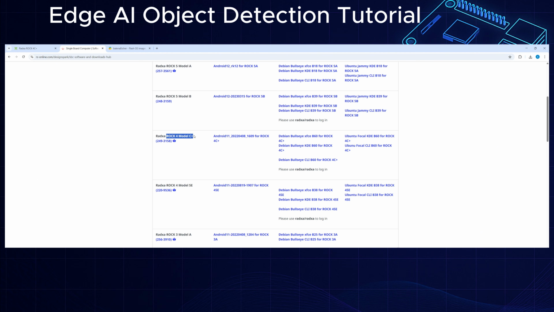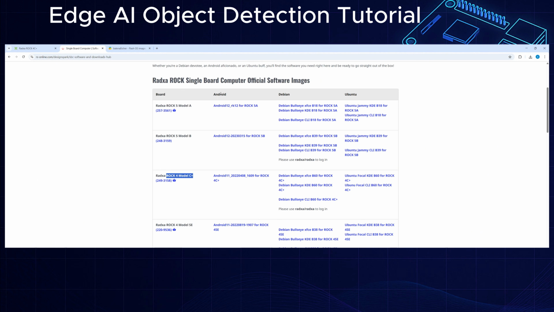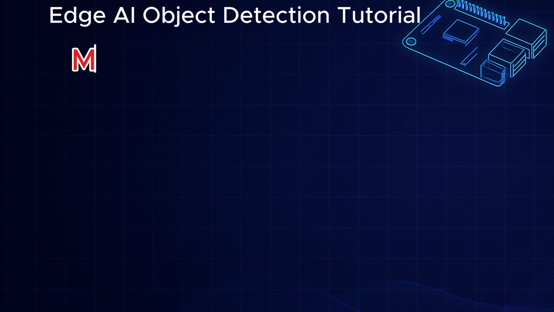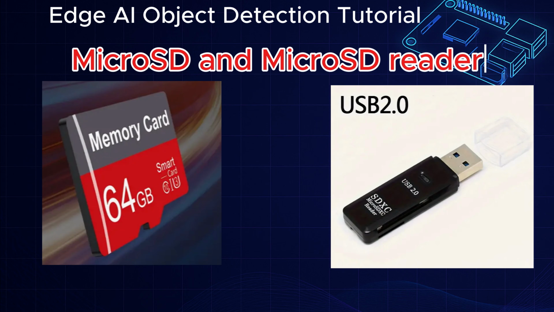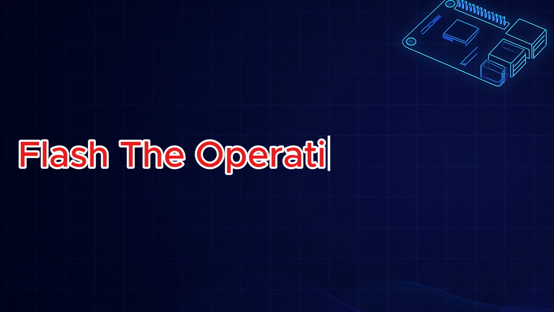I've personally selected a Debian-based image with a lightweight desktop environment, referred to as XFCE, because I like graphical user interfaces. While the operating system was being downloaded, I prepared a 64 GB microSD and a microSD reader, which is used to connect the microSD to my laptop.